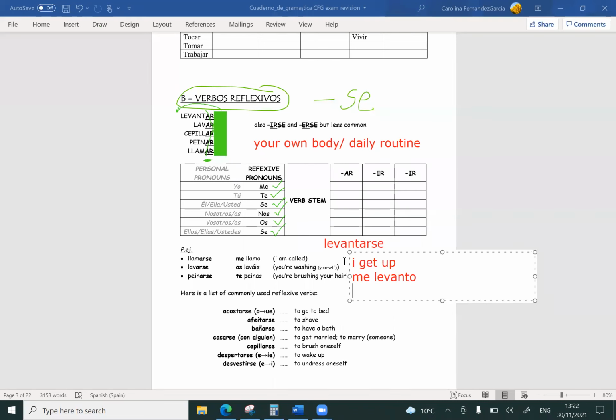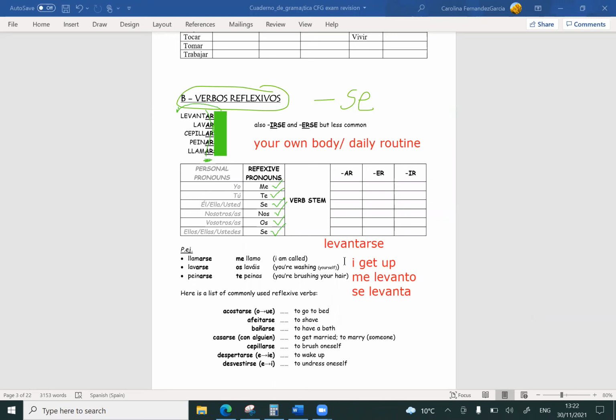She gets up. So instead of the me, it's going to be se, levant, and the ending for she is an A. Se levanta, and so on. So these verbs normally refer to your daily routine or to your own body because it's kind of reflecting back on you. That se is the equivalent to the English 'to myself'.